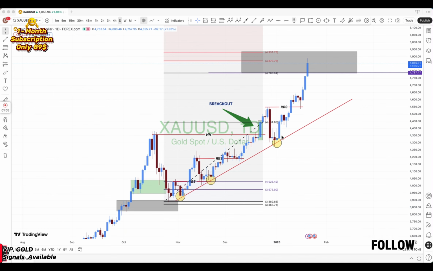This high breakout with strong bullish candle value. So we apply here Fibonacci high to low. So our Fibonacci reversal zone 161 today market reached.